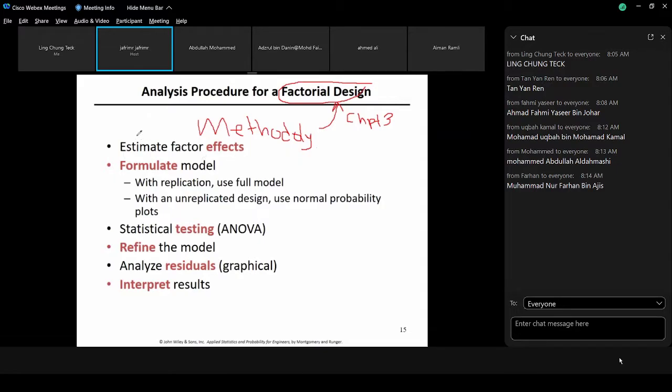First, you identify the statement, the issue. Then you identify the factor effects: main effects, remember, main effects, and also the interaction effects.